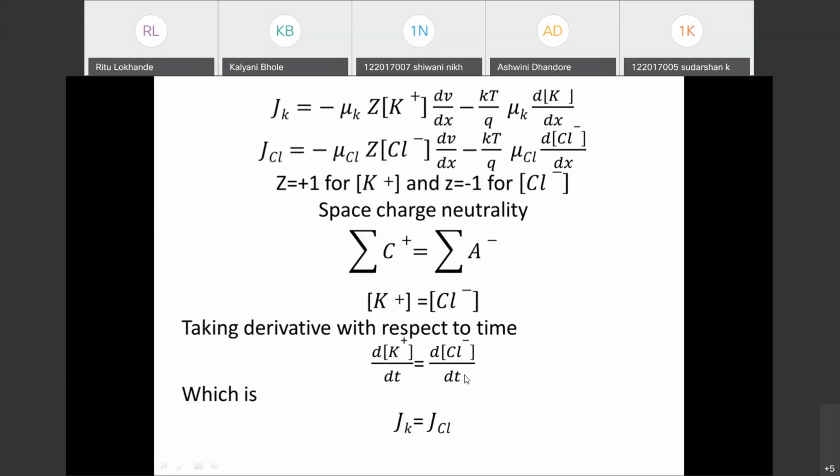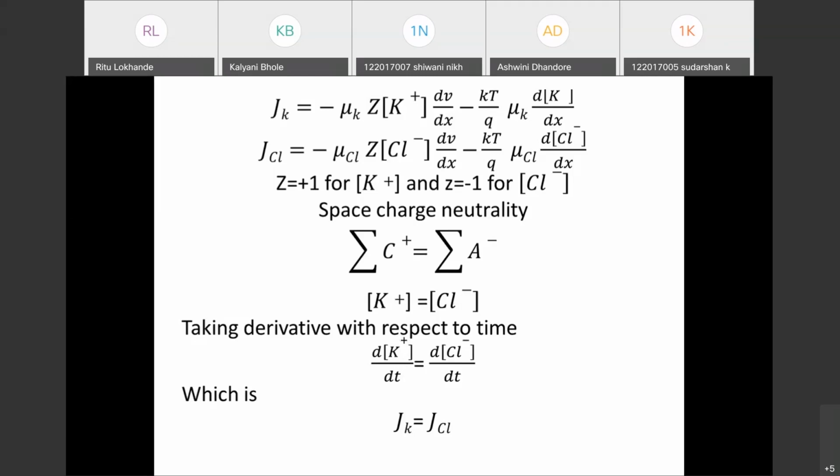When I take the derivative with respect to time, it is nothing but the rate of flow of ions. How do you define the rate of flow? We are saying it is the flow rate. It is nothing but the number of ions changing with respect to time.